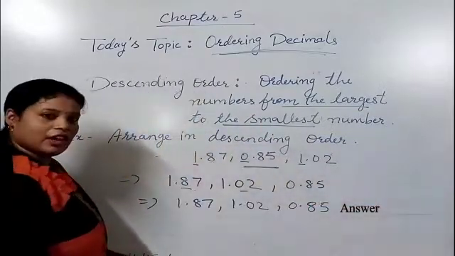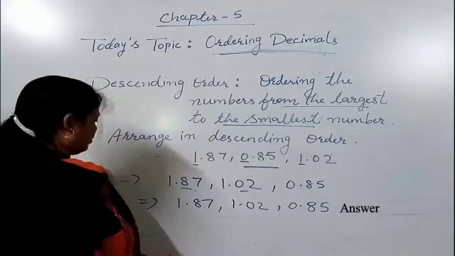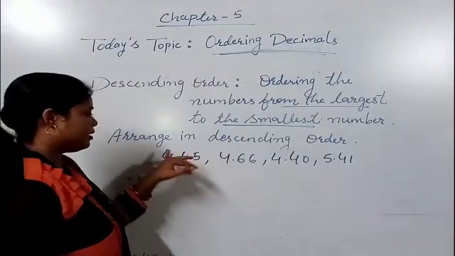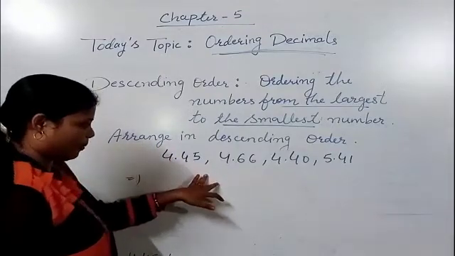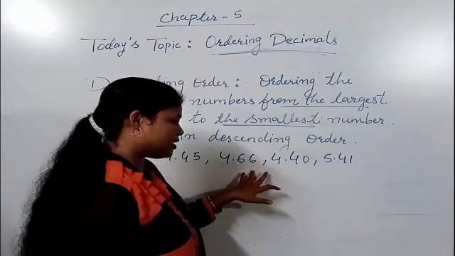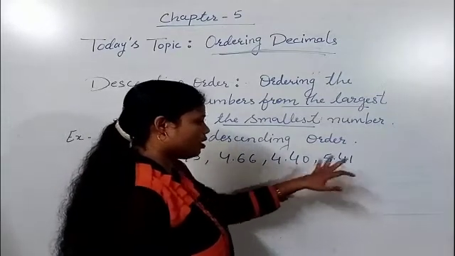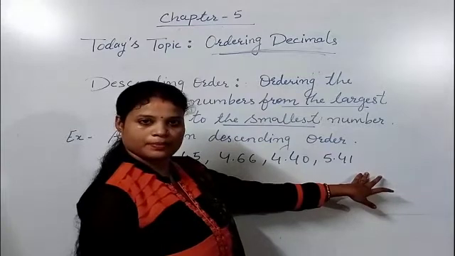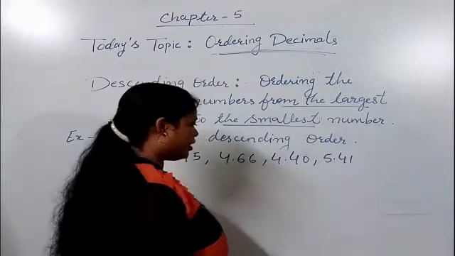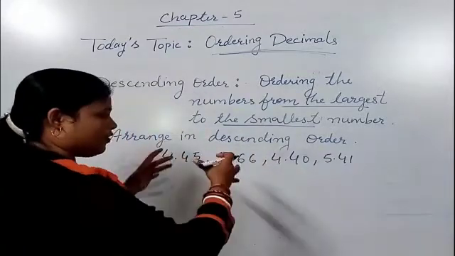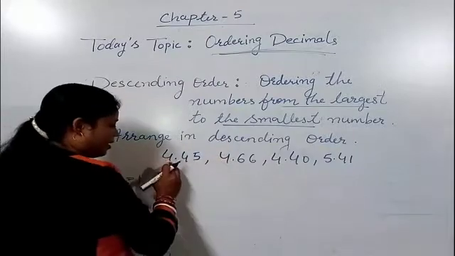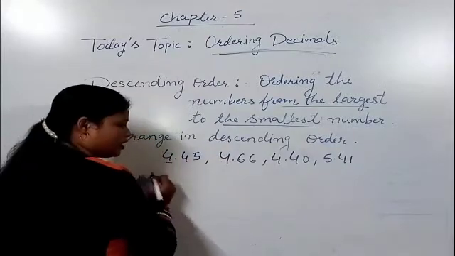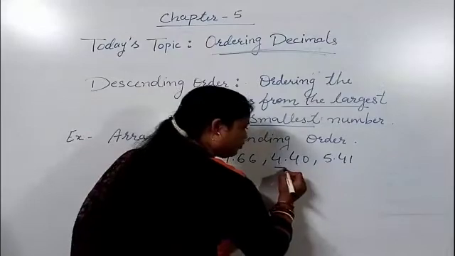Okay. Now we'll take one more example. Here are our numbers: 4.45, 4.66, 4.40, 5.41. Again the same thing. What do we have to see first? First we'll compare before the decimal. 4 here, 4 here, 4 here.